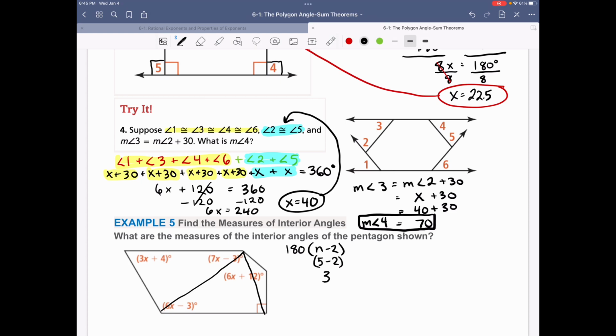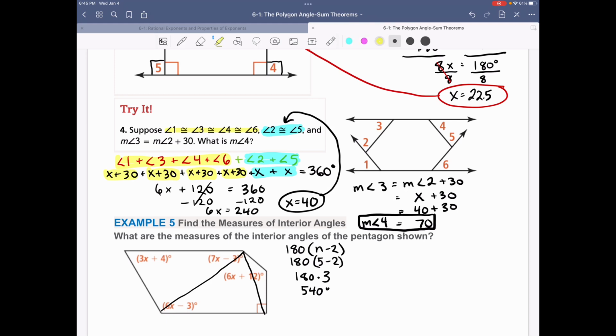That's going to be 3, and we're going to multiply by 180. And this will tell us the sum of the interior angles. So 180 times 3, let's see, 300 plus 240, that's 540 degrees.